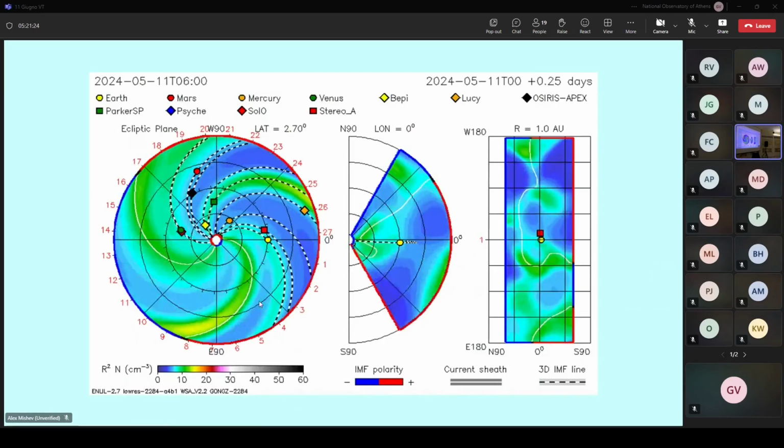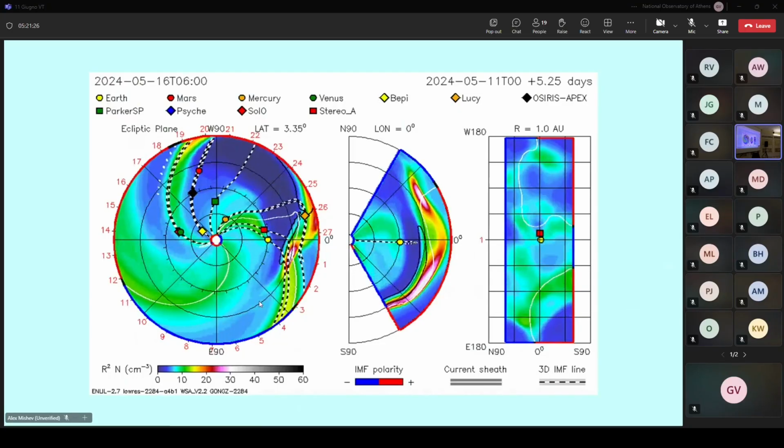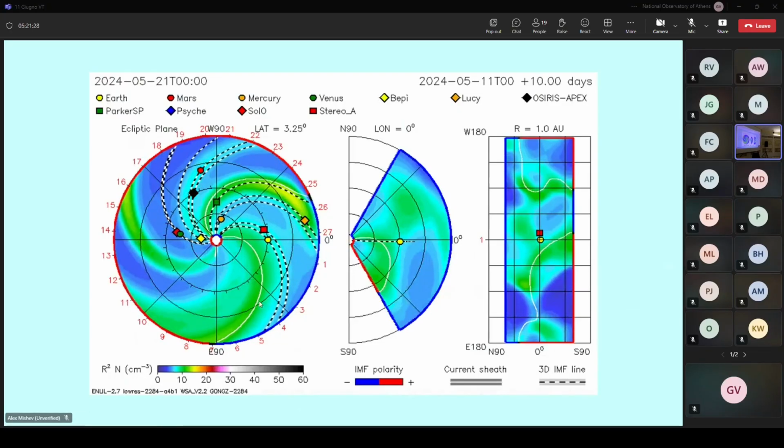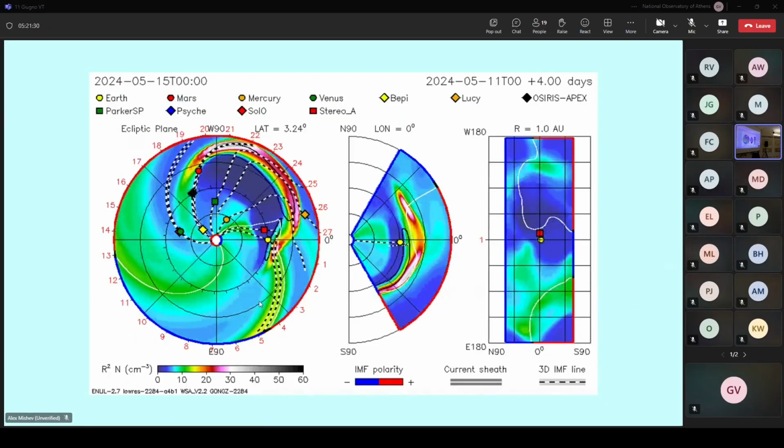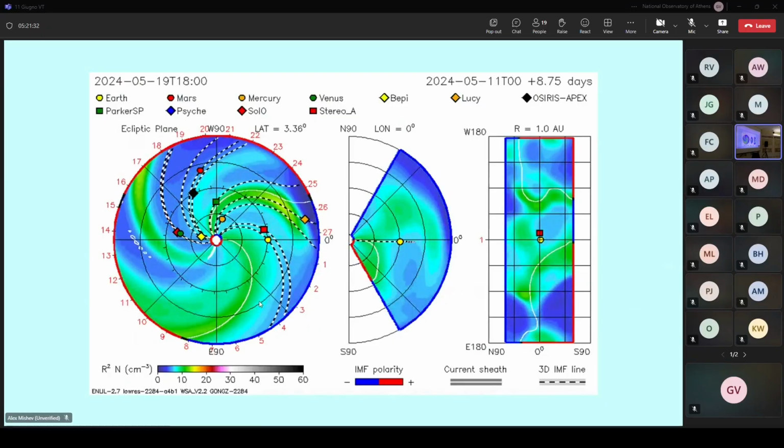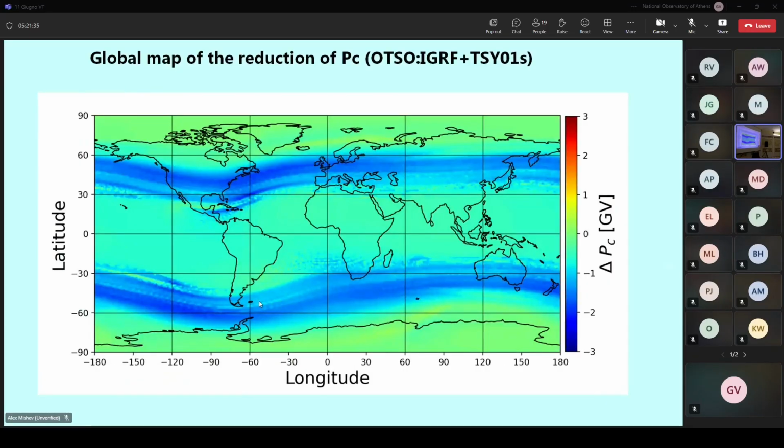I'm skipping this simulation. This actually gives the necessary information to choose the fit; you will see the sun and anti-sun direction according to our simulations. Here you can see the reduction of the cutoff rigidity, specifically at the mid-latitude stations.